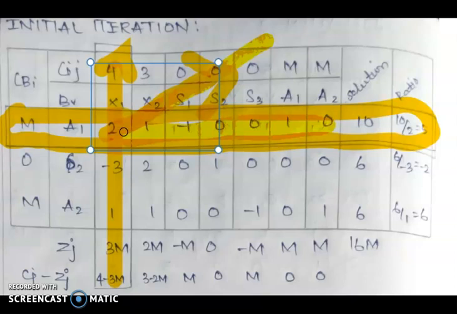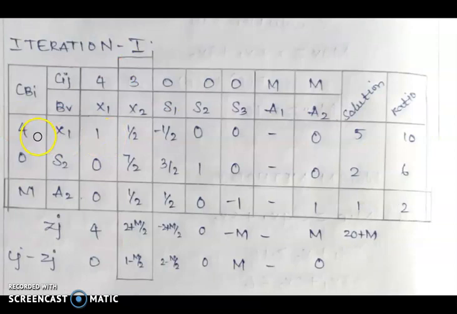Otherwise, we divide the entire row by the corresponding value to change it to 1. In the corresponding column the values are minus 3 and 1. We convert minus 3 into 0, and the other value into 0. In the big M method, the pivot value should be 1 and the remaining values in the column should be 0.